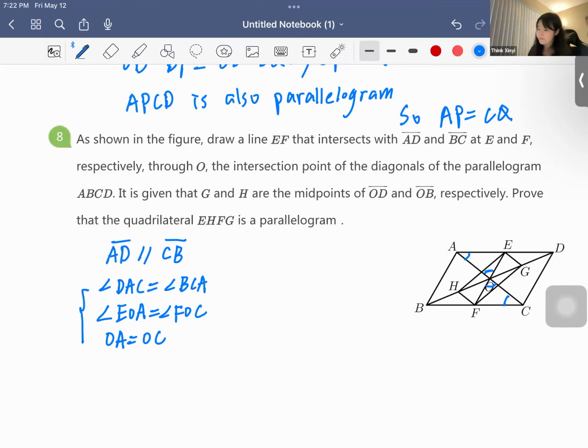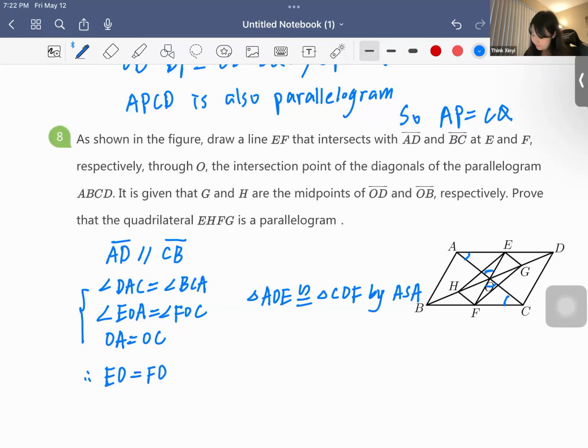So by ASA, we can prove that the triangle AOE is congruent to the triangle COF. And then we can have EO equals FO.